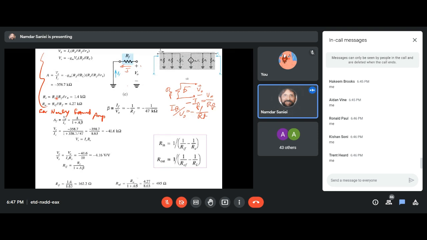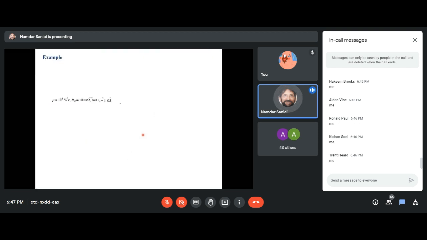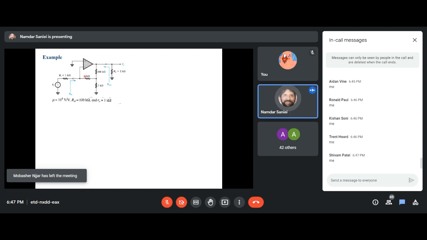All right. So now here we are ready to go to the next example actually. The next example, we have an op amp, and this is a type of an inverting op amp.